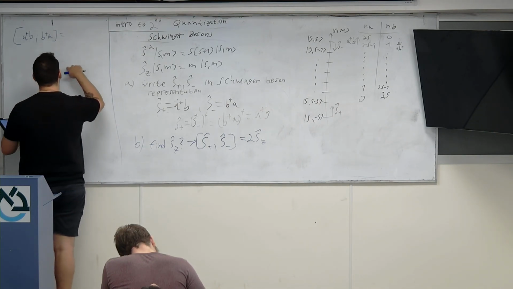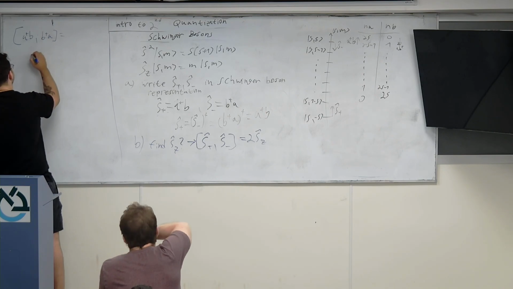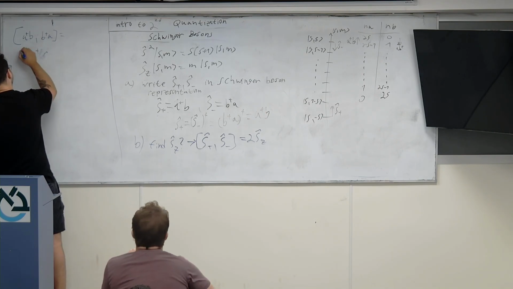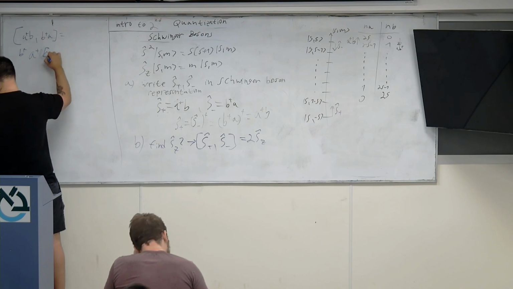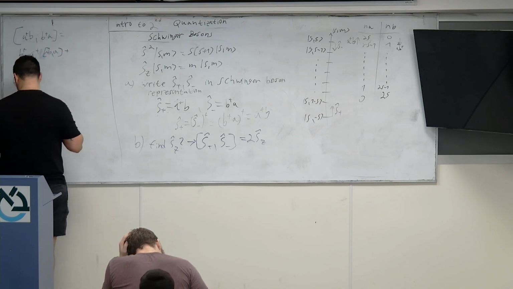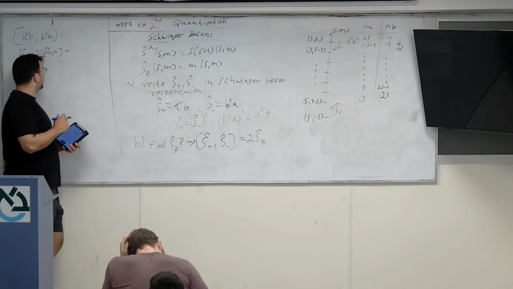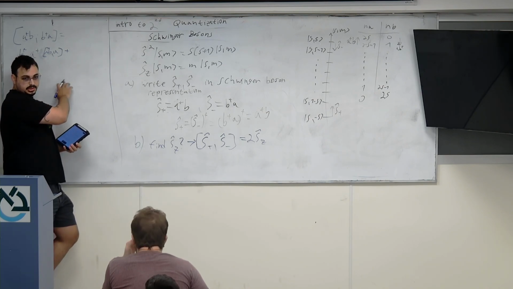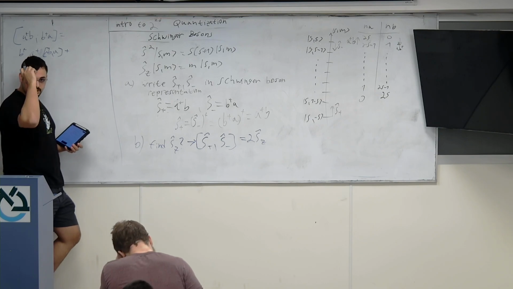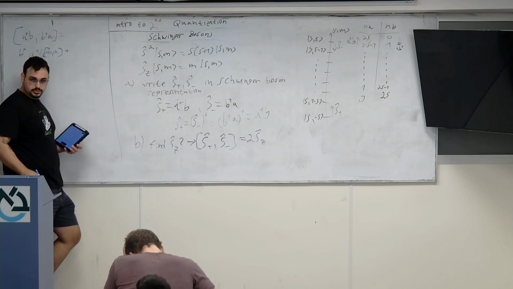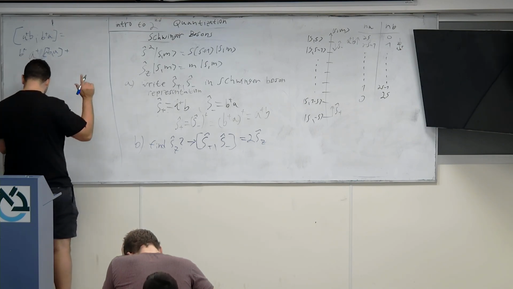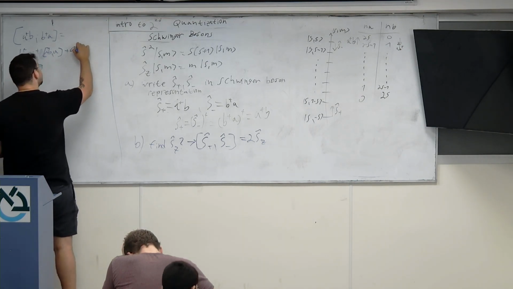The identity will be [A dagger B, A plus B]. I'm going to write what it equals to. The general form of the identity is in the tutorial notes, so I'm not going to write it again on the board. It's a waste of your time more than mine.